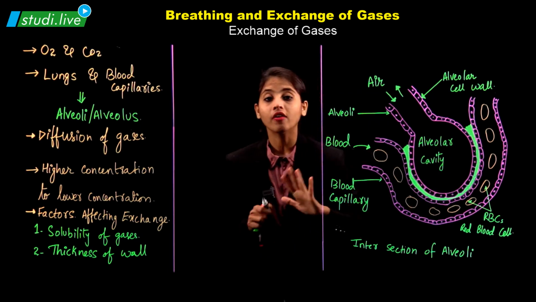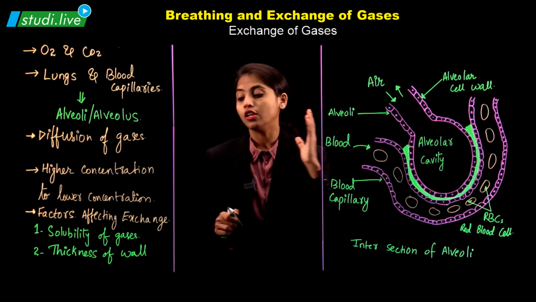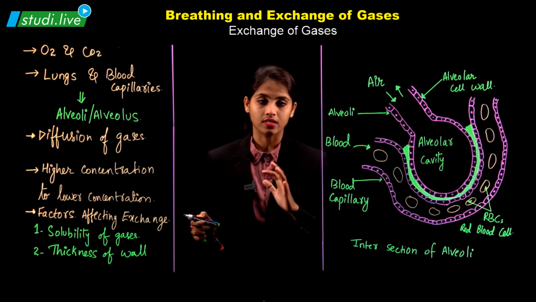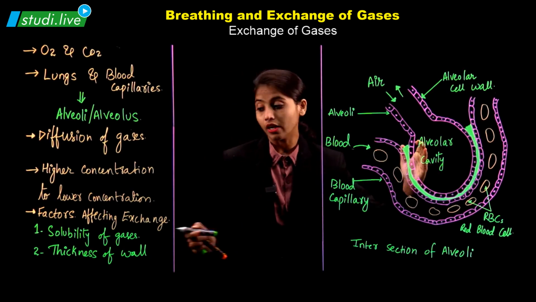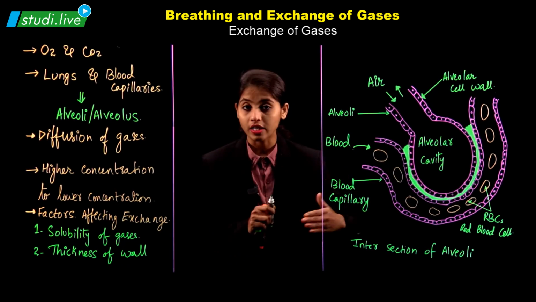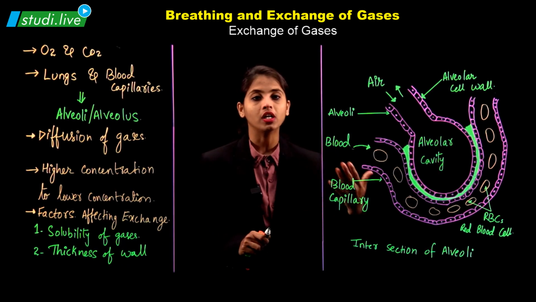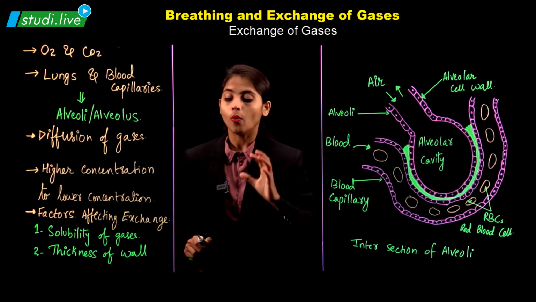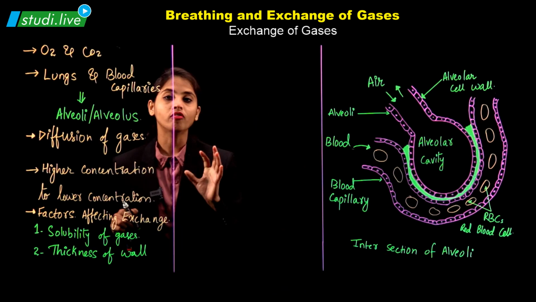If these are very thick, then the rate of diffusion will be slower. When the thickness of the cell wall is slightly thin, then the exchange of gases or diffusion will take place at a faster rate. So these are the two important factors which affect the exchange of gases.